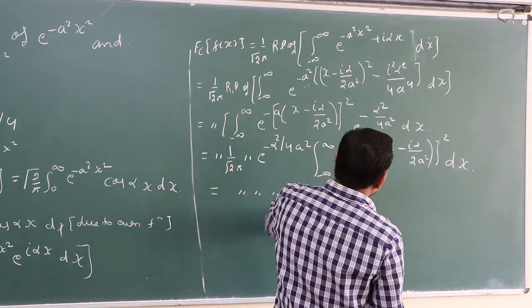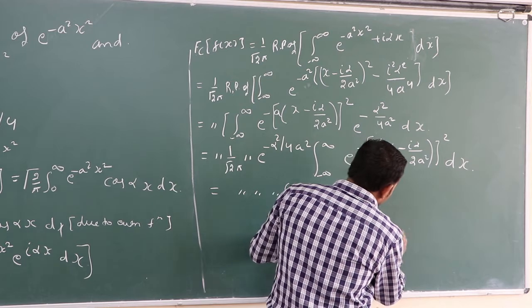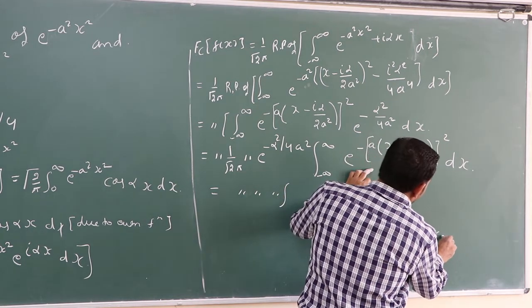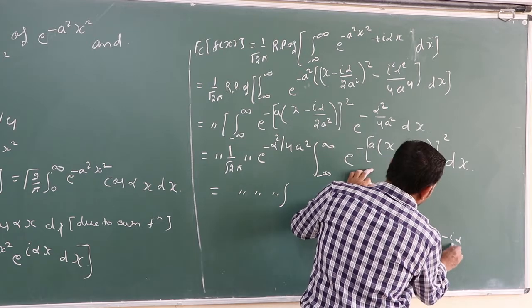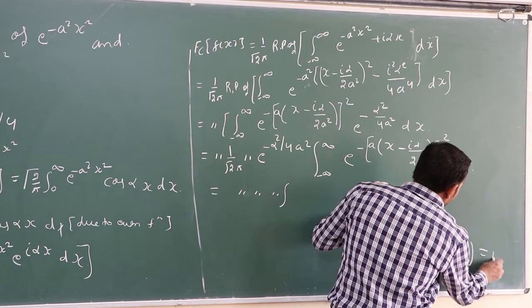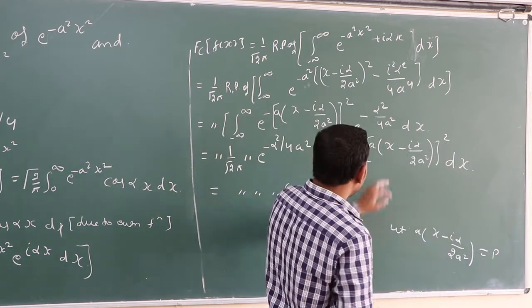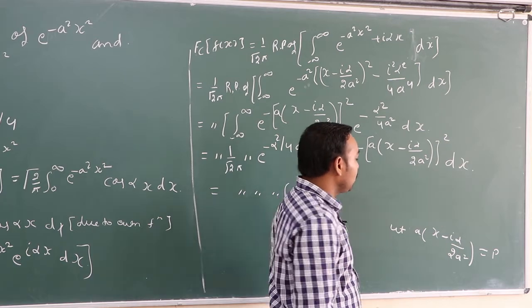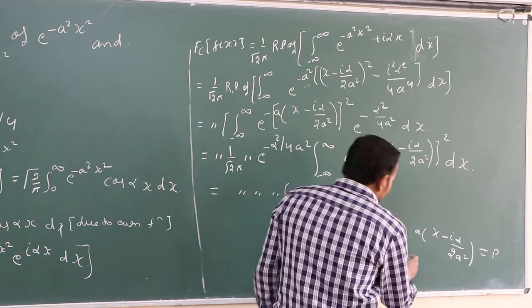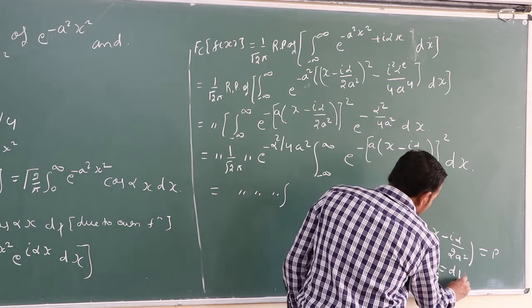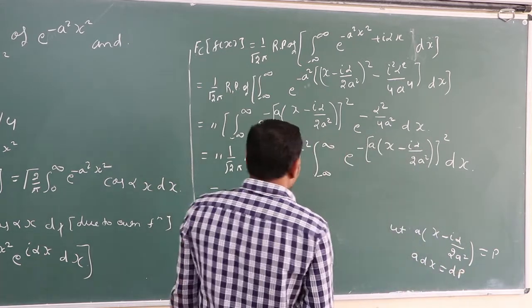Simply we write here, let a in bracket x minus i alpha upon 2a square equal to p. So simply we get a dx equal to dp.